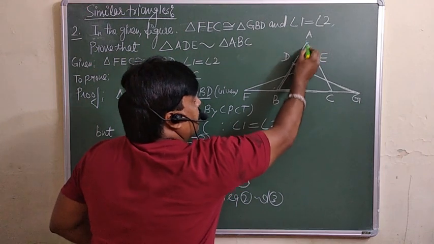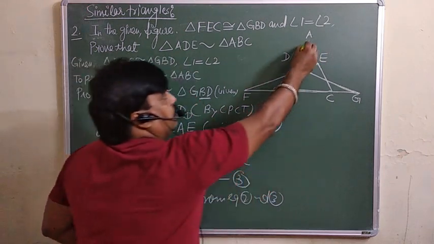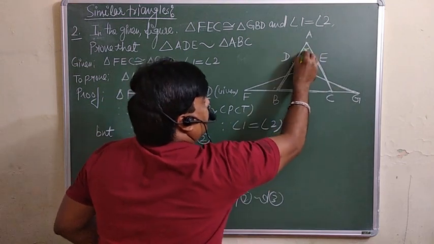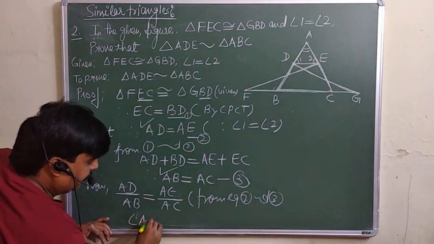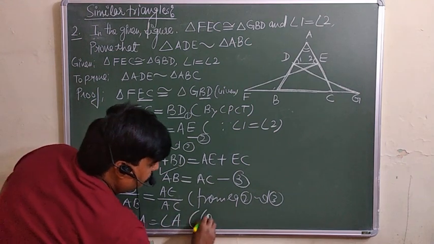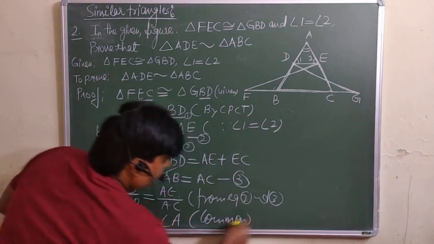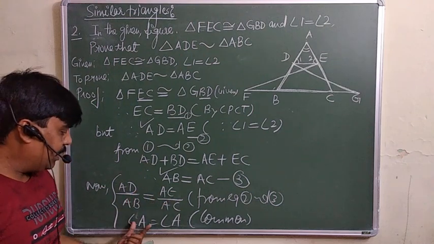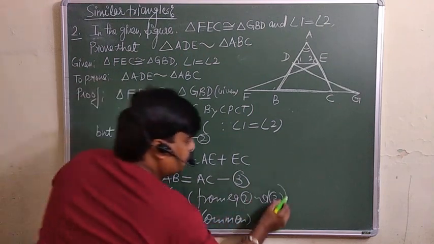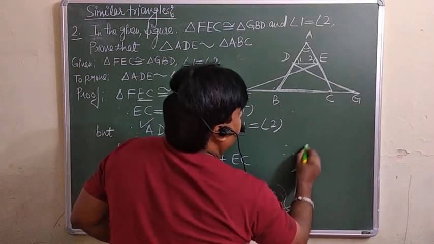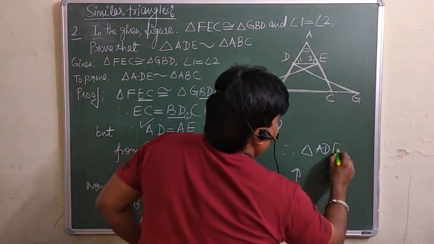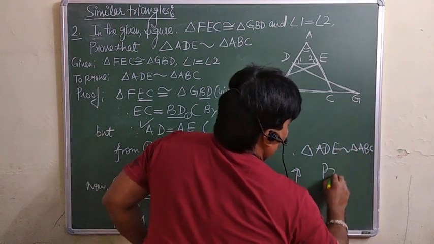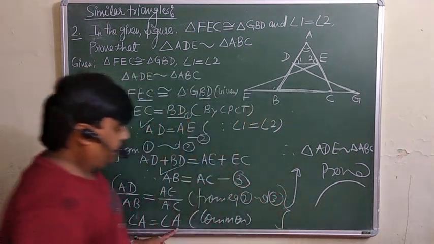AD over AB is equal to AE over AC, and in these two triangles angle A is common. Angle A is equal to angle A. So from these two, the sides' ratio is equal and the included angle is also equal. Therefore triangle ADE is similar to triangle ABC, which you want to prove. Have a look.